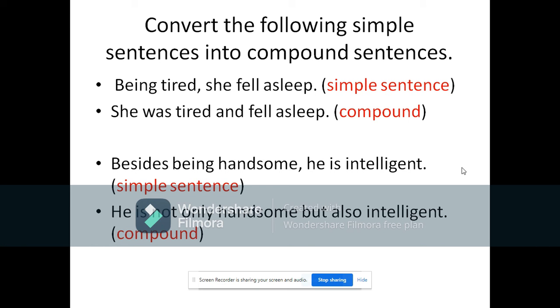How can you convert into compound sentence? He is not only handsome but also intelligent. Using not only but also. It's a compound sentence.